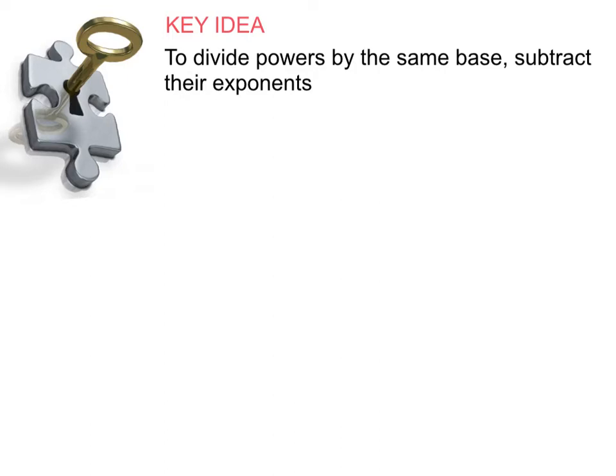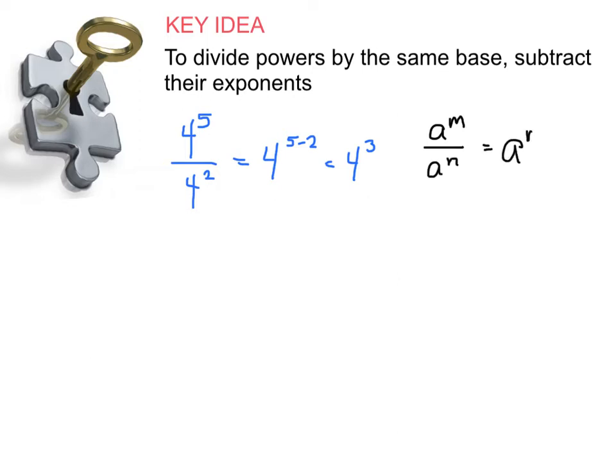So for example, in numbers, 4 to the 5th divided by 4 to the 2nd. You have the same base of 4. We subtract the powers, and that will give us 4 to the power of 3. In algebraic terms, it would be a to the m power divided by a to the n, and that will give me a to the m minus n power.